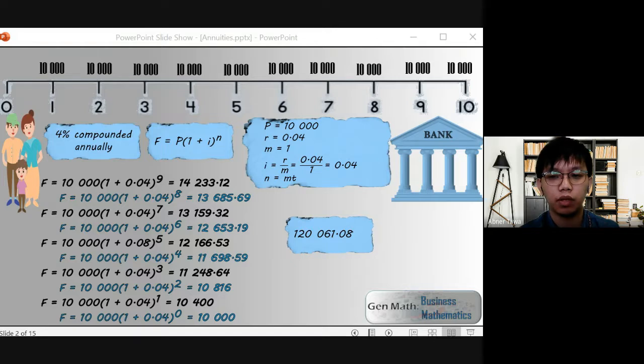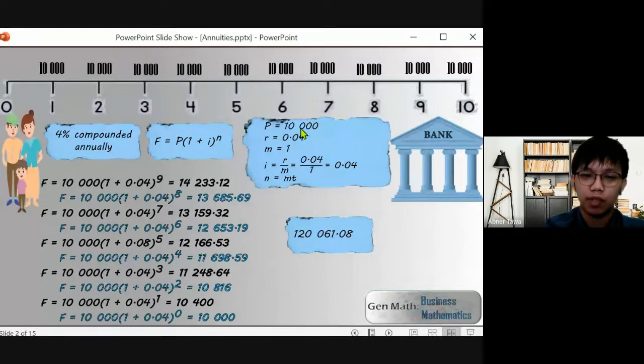How do we derive annuity based on this example? Anyone? Okay, go ahead, Morris. Based on this example, how do we define annuity? Anyone from the class? Do you have any ideas based on this scenario? How about Alera?